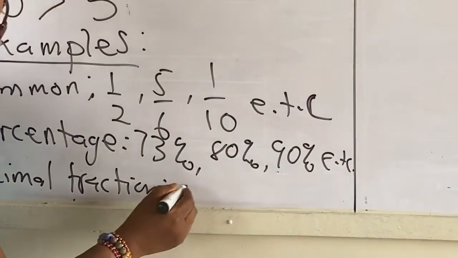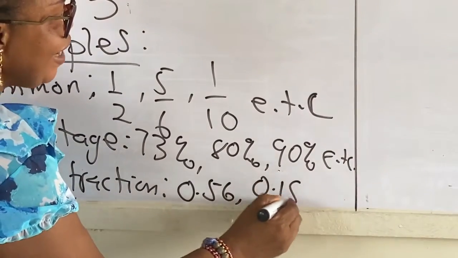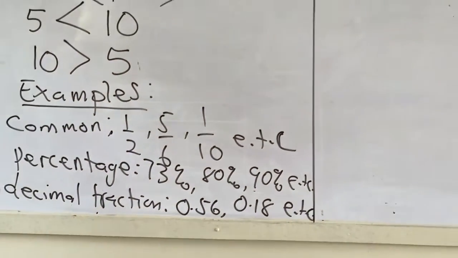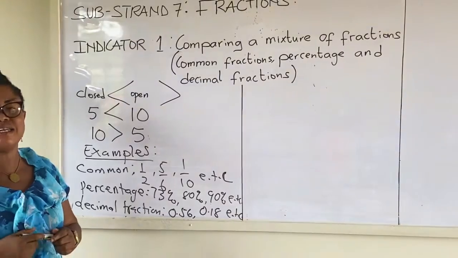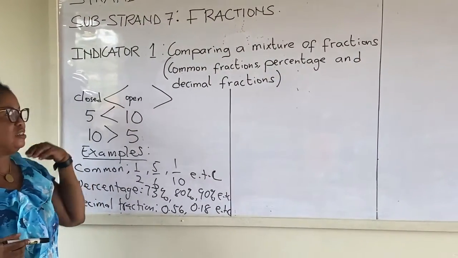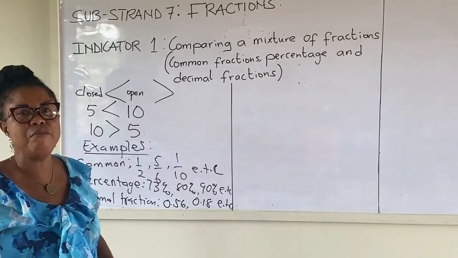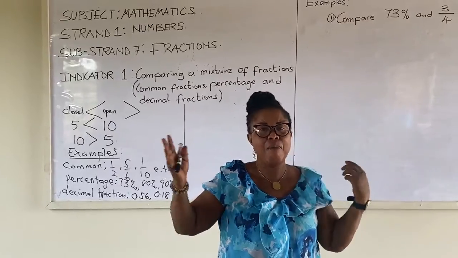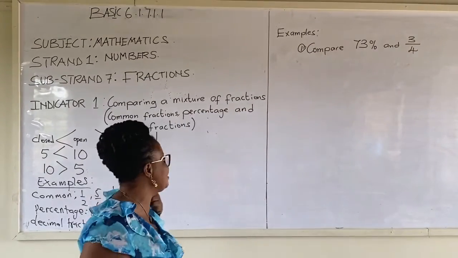For instance, 0.56, 0.18, etc. As soon as you see numbers with decimals inside them, they are known as decimal fractions. But in today's tutorial, we are going to break them into bits. Today we are going to compare a percentage fraction and a common fraction.